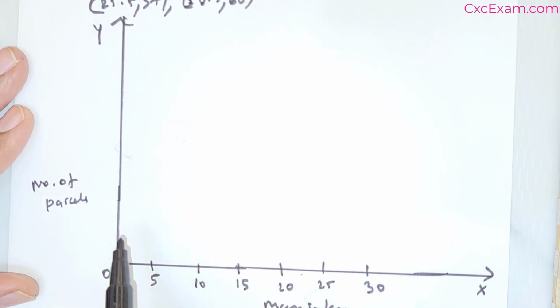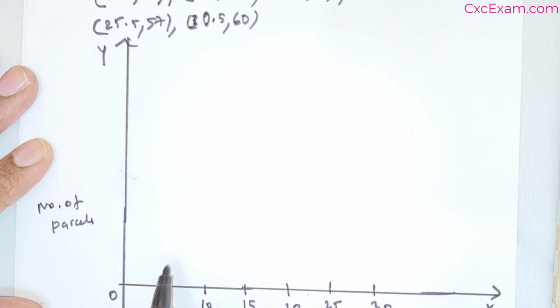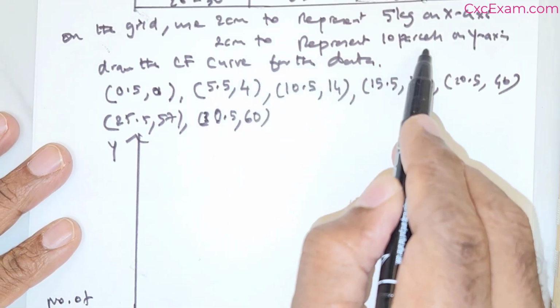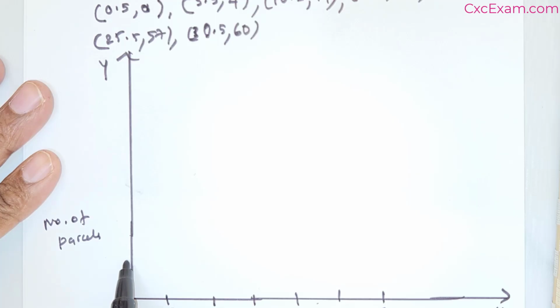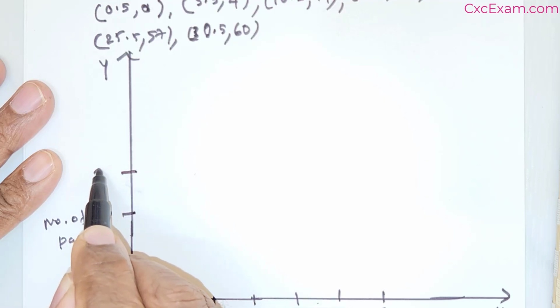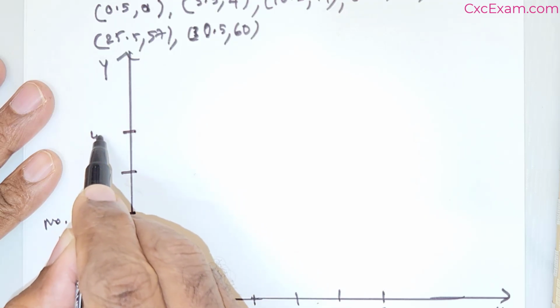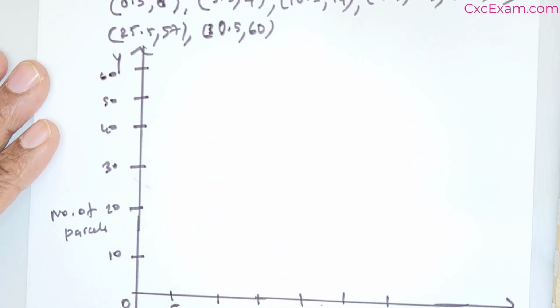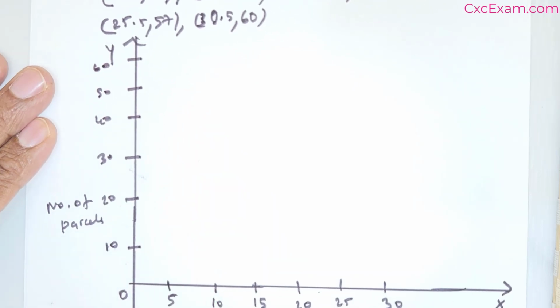Over here, the number of parcels, every 2 cm represents 10. So this is 10, 20, 30, 40, 50, 60. Fair enough. We are getting there.